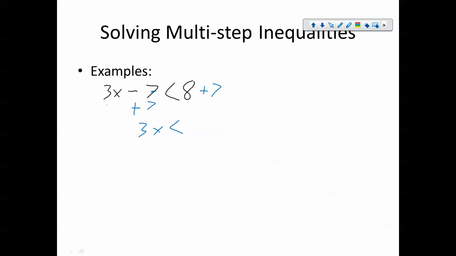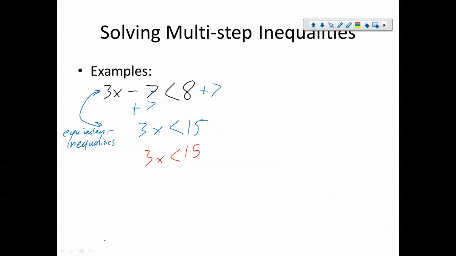3x is less than 15. And again, this inequality and that inequality are equivalent inequalities. So I have that step. Now my next step, what am I going to do with 3x is less than 15?